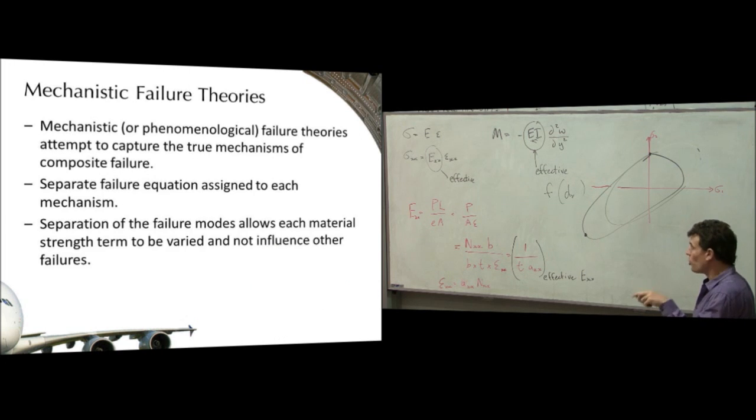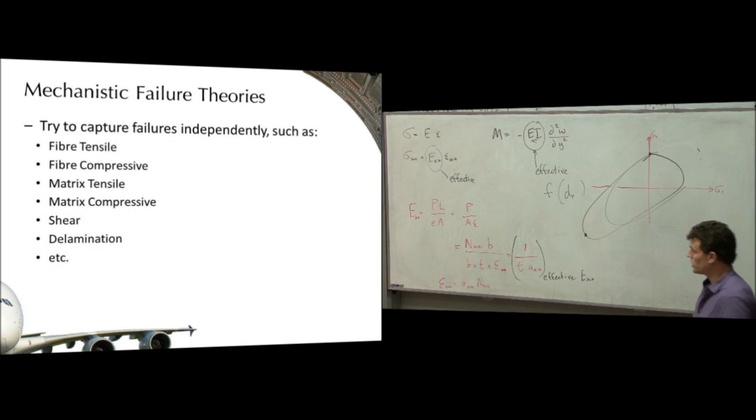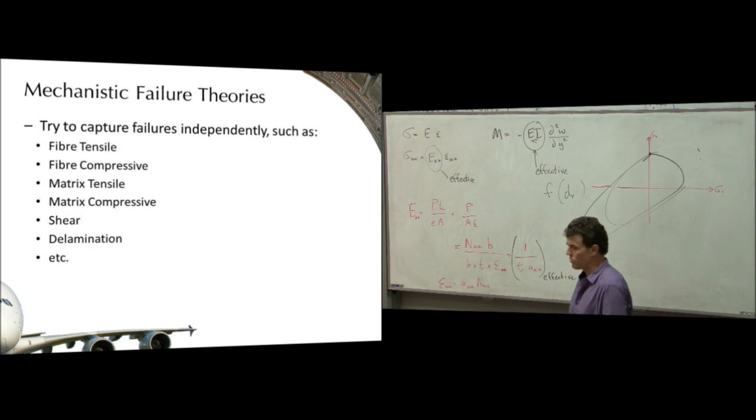So then you can go more and more complex, and you'll see in the tutorial questions that you can dive further and further into this failure theory argument. And for anyone who's picked composites as their research topic, you will have noticed that lots and lots of work is still being done on predicting failure of composites.